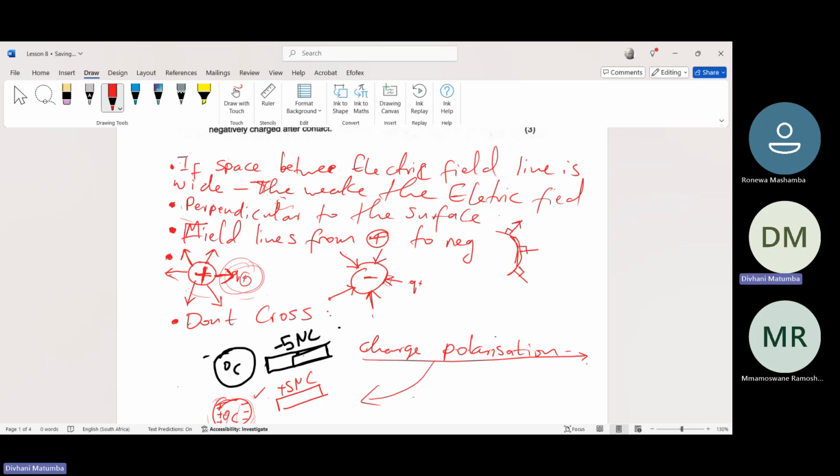The closer the lines, the weaker or the stronger the electric field, Mamsane? The stronger the electric field. Okay, that's correct.